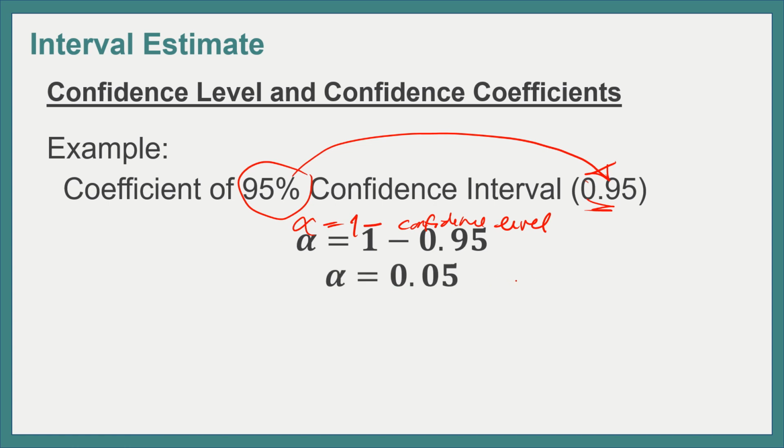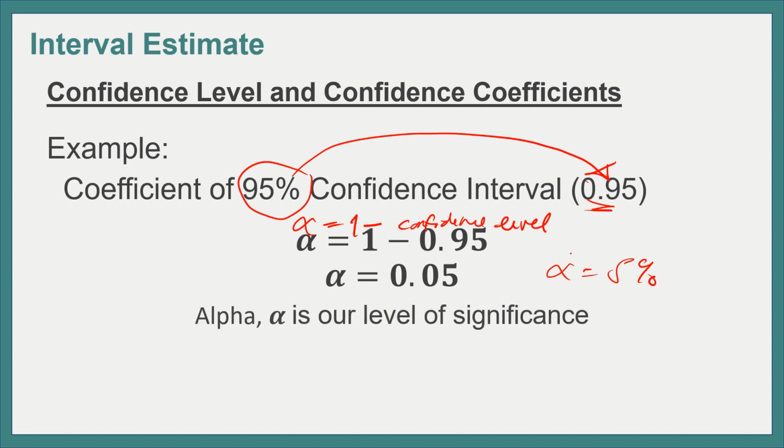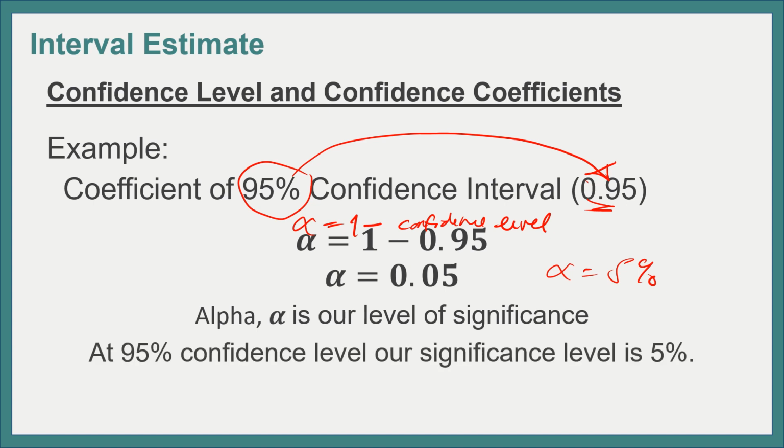If we turn this into a percentage, then our alpha level is equal to 5%, or a 5% level of significance. In your future pursuit in statistics, or in college, you will learn about this alpha value. The alpha value is the level of significance. So at a 95% confidence level, our significance level is 5%.